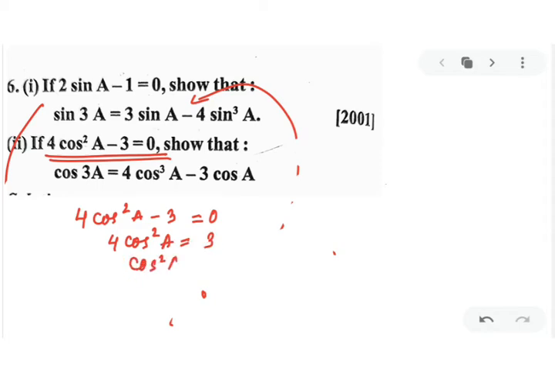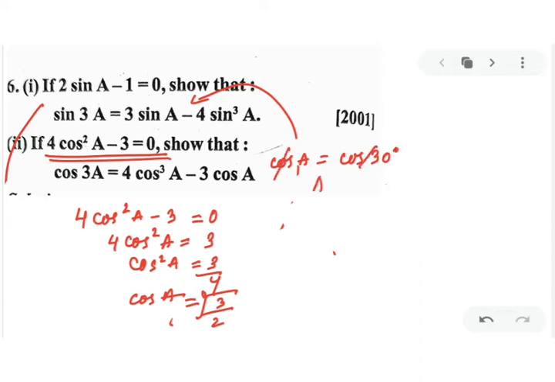Cos square A is equal to 3 upon 4. That will be cos A equal to, I'll take the root of 3 upon root of 4, that is 2. So I got cos A is equal to root 3 upon 2, and in my tables if I check, I'll get root 3 upon 2 as the value of cos 30. From here I got the value of A as 30 degrees.